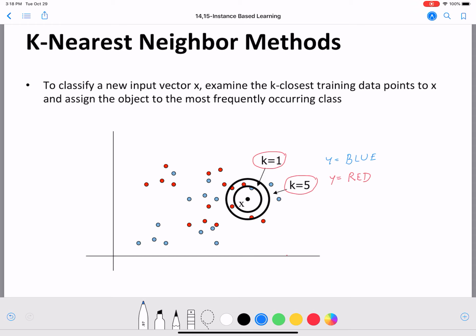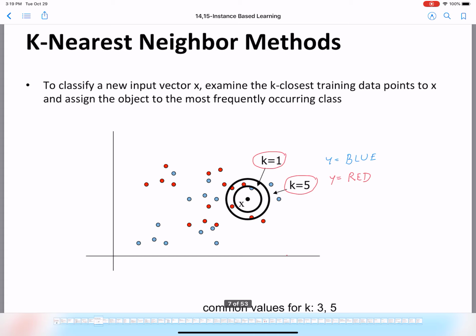Right? So you can see that the choice of k really matters. That really determines how accurate your classification is going to be.